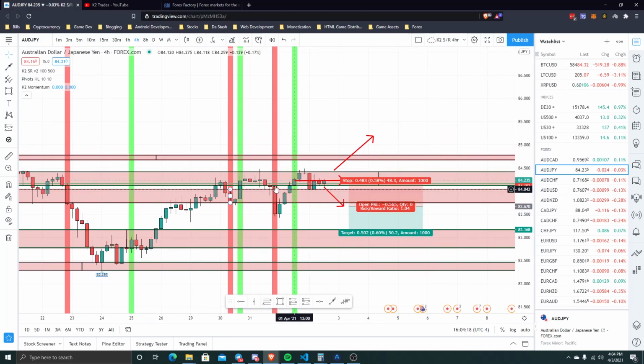Or if this continues as a bullish bias, then I probably won't take a trade until the price closes above this zone right here. So, oh, let me delete that.